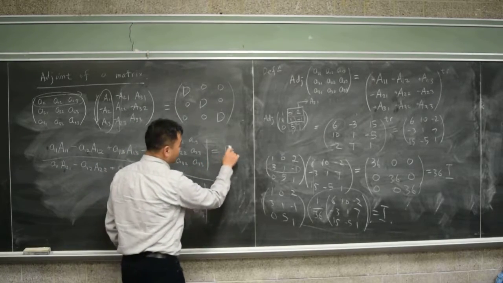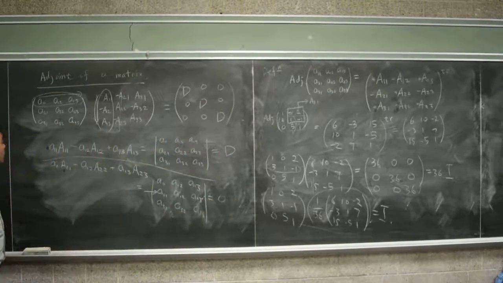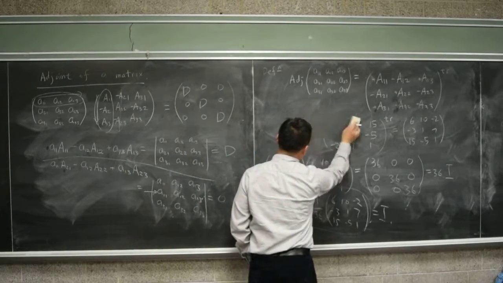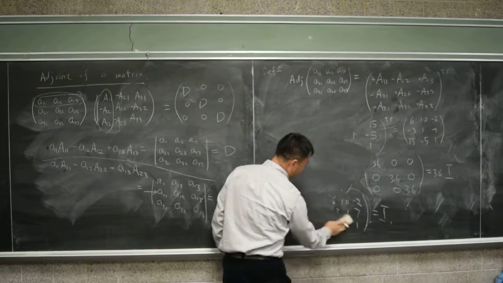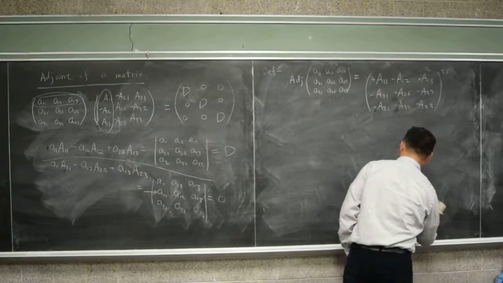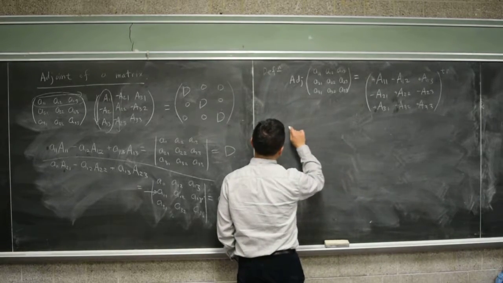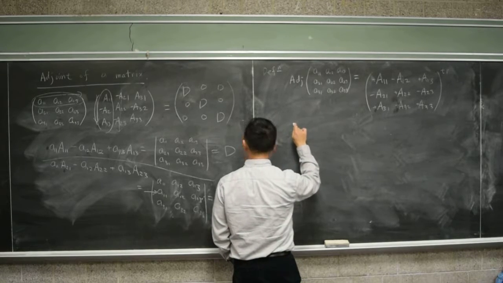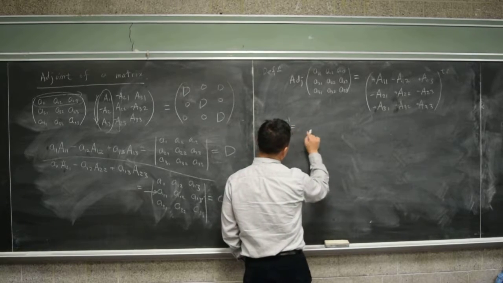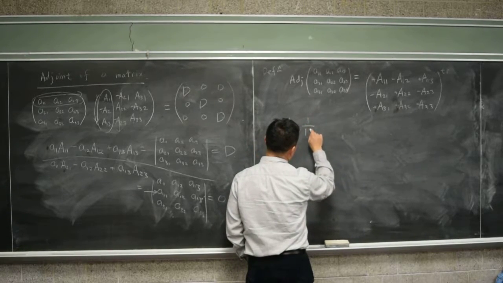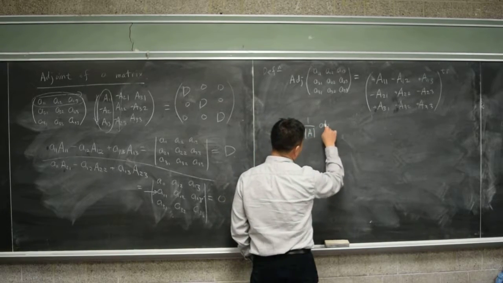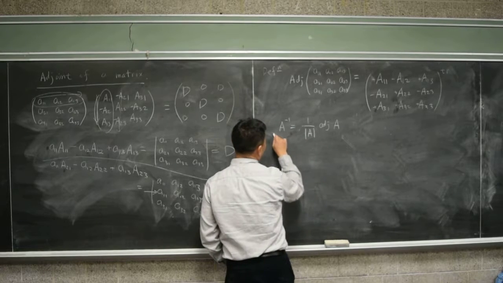I'll call this D. And therefore, we have a very good formula for finding an inverse of a matrix, because now you have A inverse equal to 1 over D, or 1 over the determinant of A, times the adjoint of A. That's the formula for the inverse.